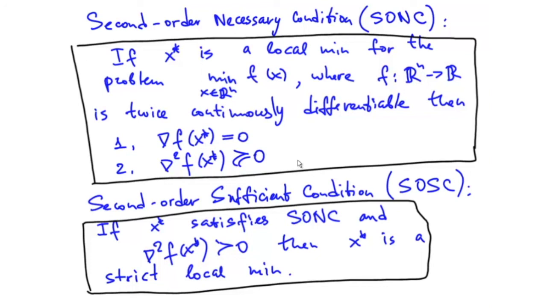And we focus on the points for which both of these conditions are satisfied, right? And then we check if the Hessian is actually positive definite, not just positive semi-definite, then we can conclude that x star is a local minimizer.